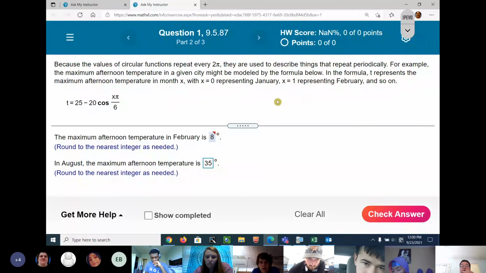Okay, that's understandable. The maximum afternoon temperature. Okay, so we need to find the vertex. First thing I would do, I would graph this sucker.